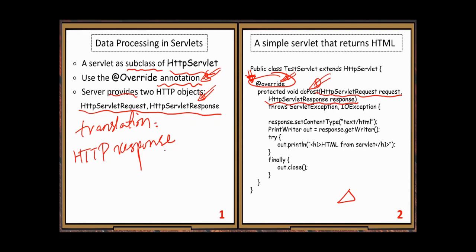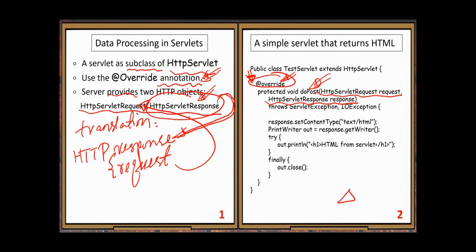The server translates these two things: the request is translated to HttpServletRequest, and the response is translated in this direction, because you get this object first, and before you send it back to the client, the server does the translation like that. So that's the dirty work we talked about last time.